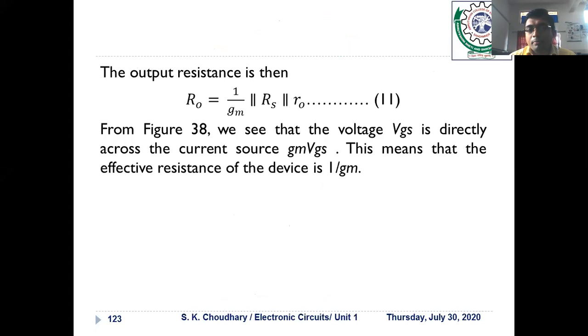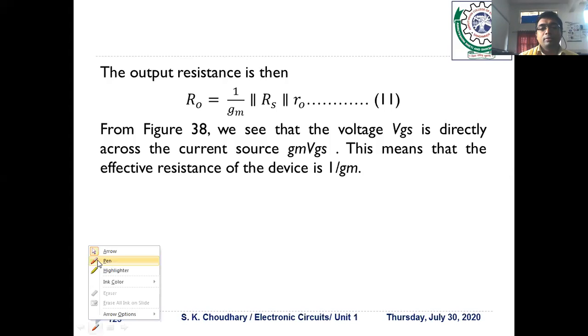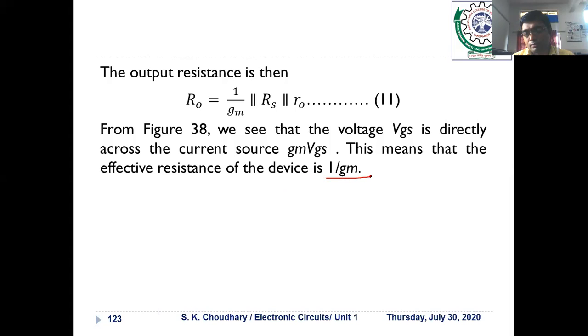From diagram 38, we can see that the voltage VGS is directly across the current source gm VGS. This means the effective resistance of the device across the current source is 1 upon gm.